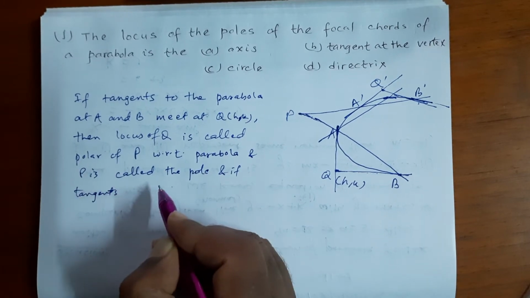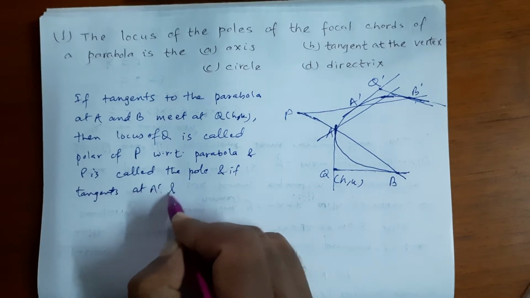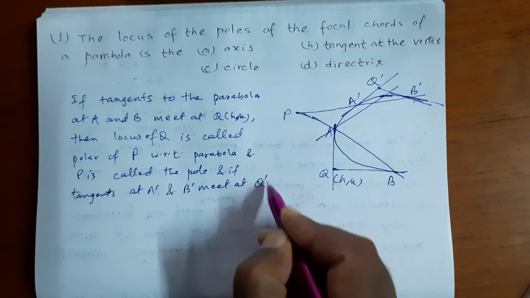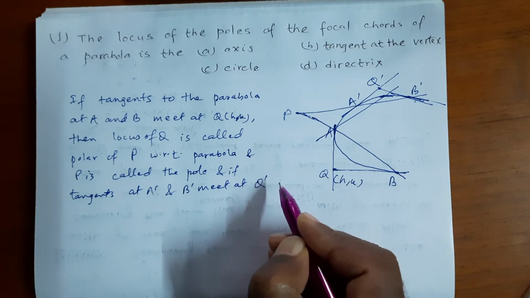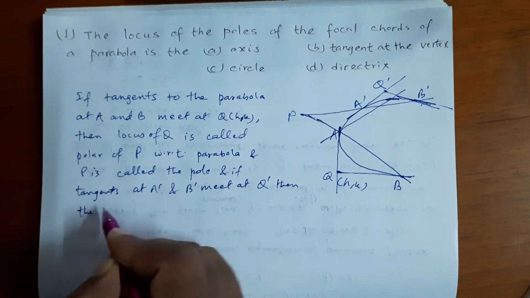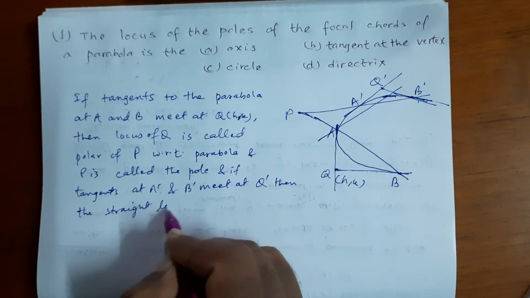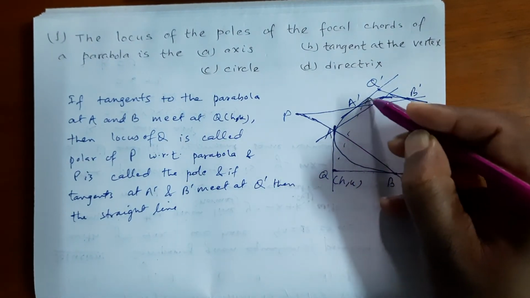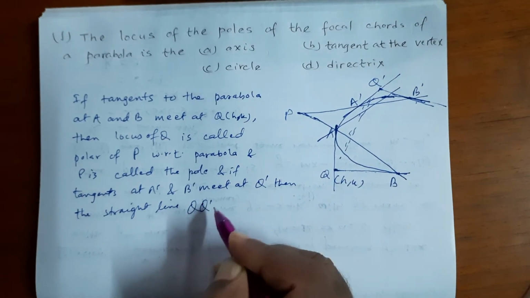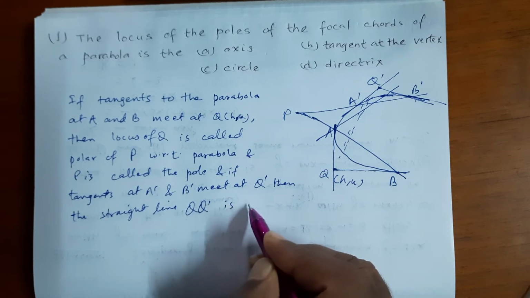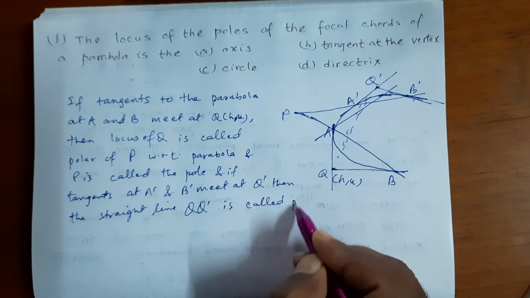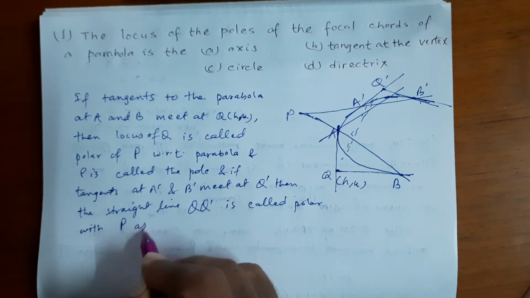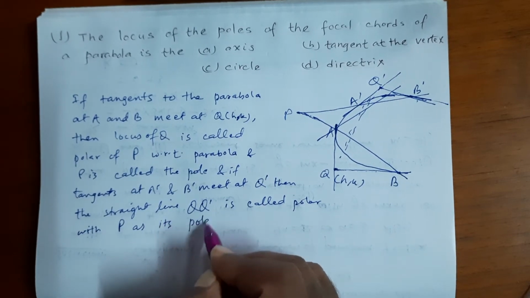tangents at A dash and B dash meet at Q dash, then the straight line QQ dash is called the polar with P as its pole.